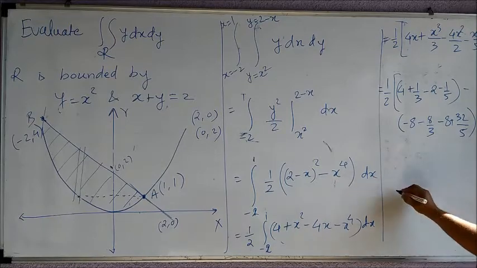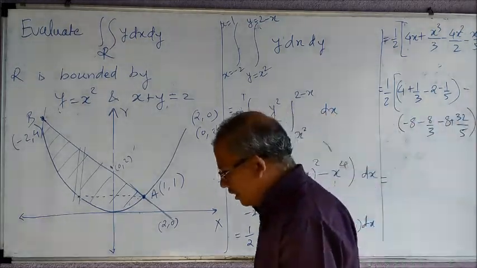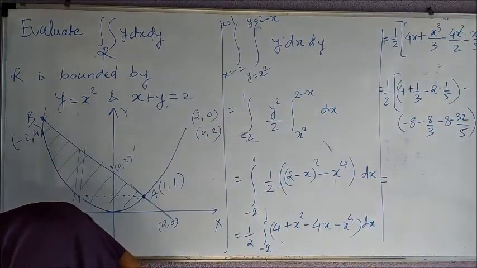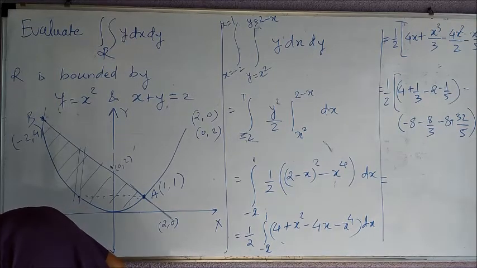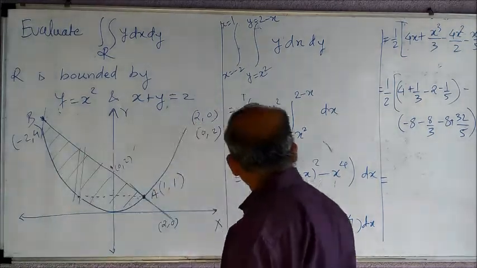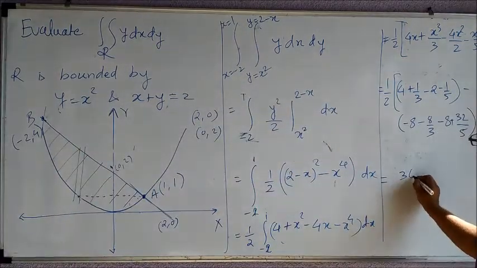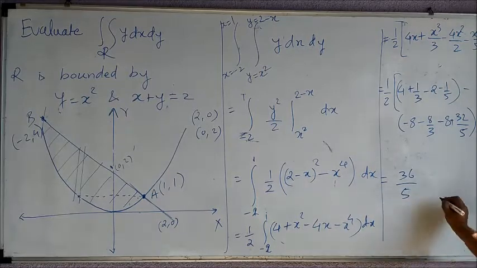Then you simplify this, and you get the answer as 36 by 5.